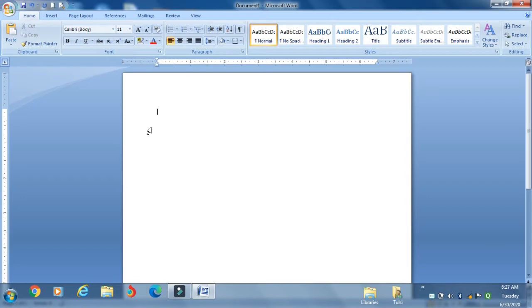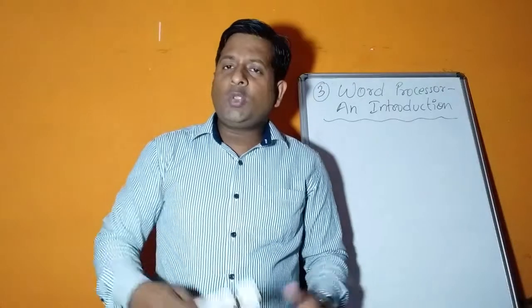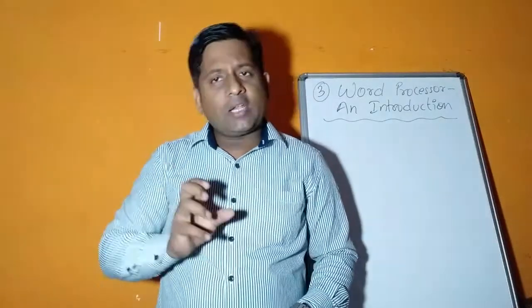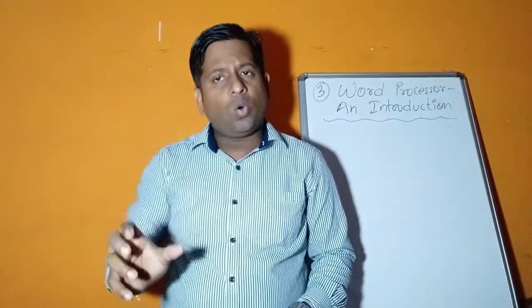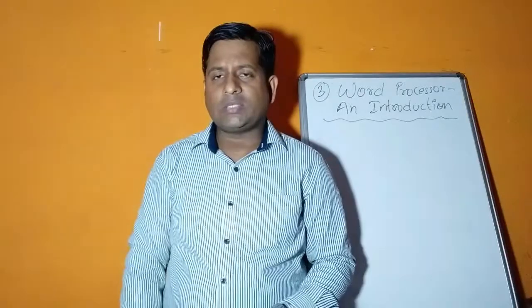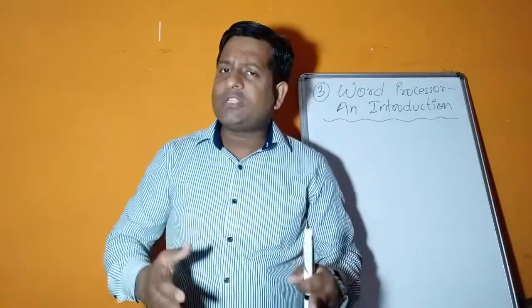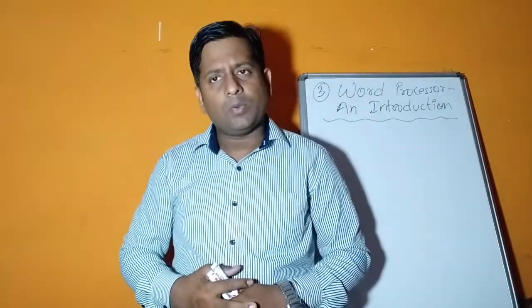The delete key deletes the character left of the cursor, whereas backspace deletes right of the cursor. For a word or line or sentence you have to select first, then press the delete key. So children, you understood how we delete the text, character, word and lines or sentences, with the help of the delete key and backspace key from the keyboard.